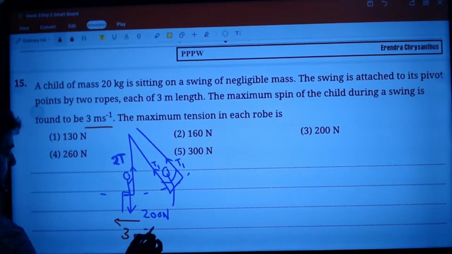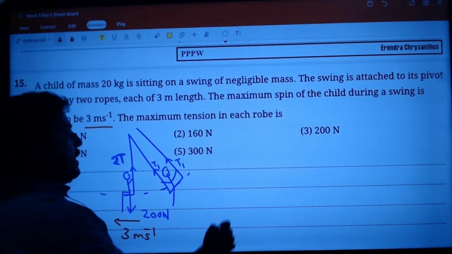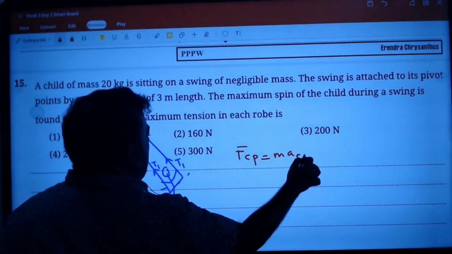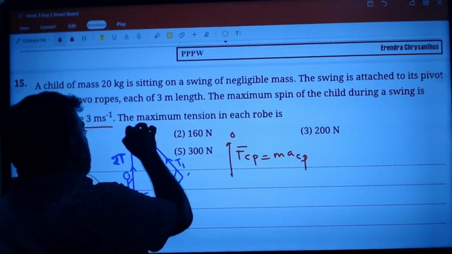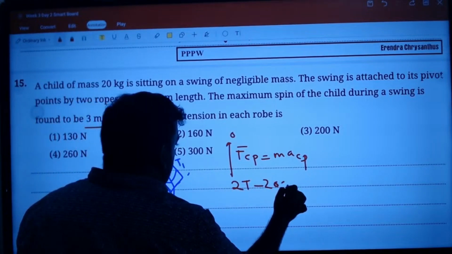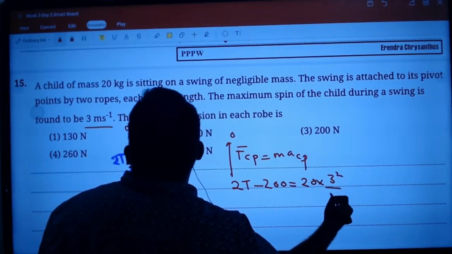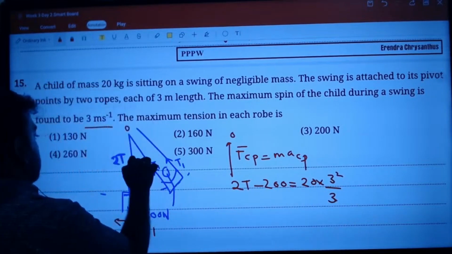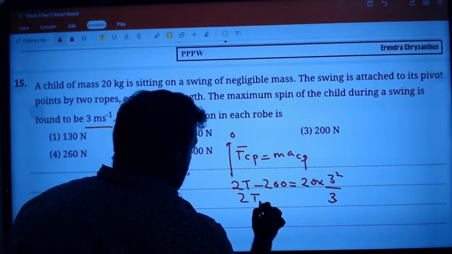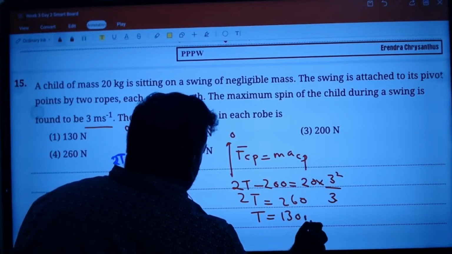Right. So if you are going in a circular path, there will be a centripetal force. Centripetal force is mass into centripetal acceleration, acting towards the center. 2T minus 200 equals mass into acceleration, v squared divided by r. Radius is also 3 meters. Simplify it, 2T equals 260, T equals 130 Newton, there you go.